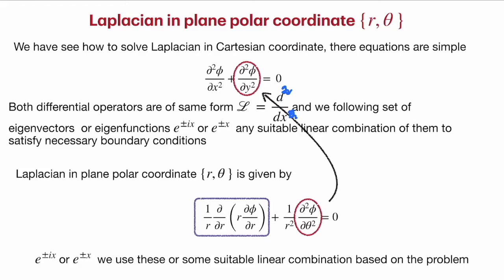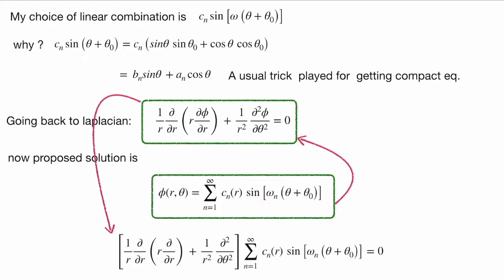So immediately we know what kind of solution we can propose. In this case, eigenfunctions can be e power plus or minus ix or e power plus or minus x, or a suitable combination of them. And then we can go ahead and solve with a very similar procedure which we have already used.